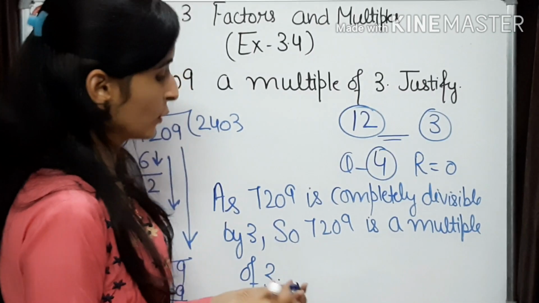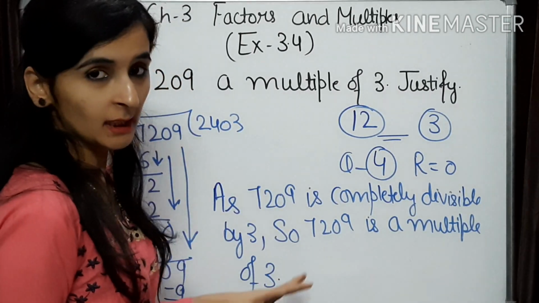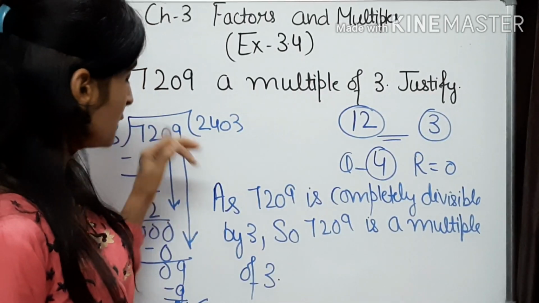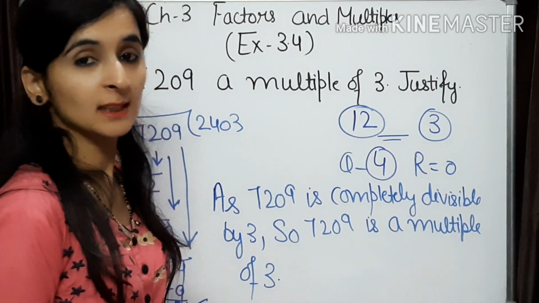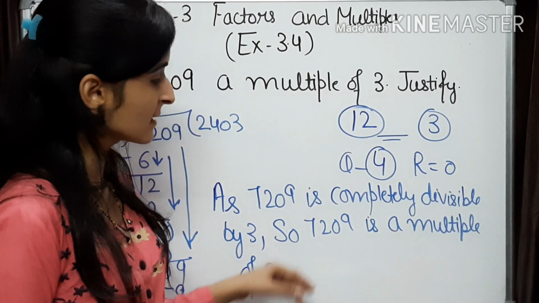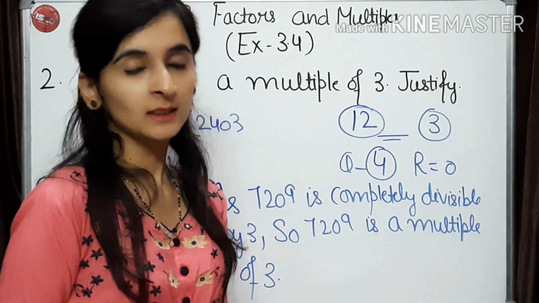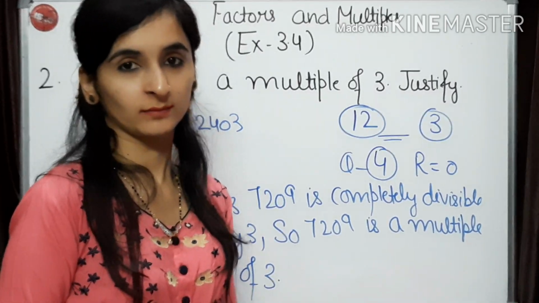Clear? So what we have done here is, we have first divided this number by 3, and if it is leaving the remainder 0, it means it is a multiple of 3. Okay? Now let's come to the next question.